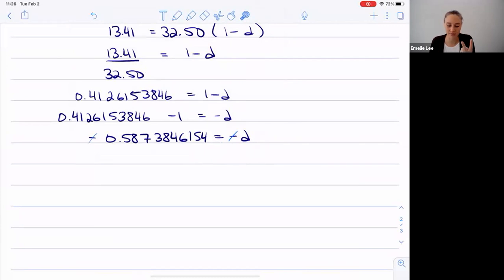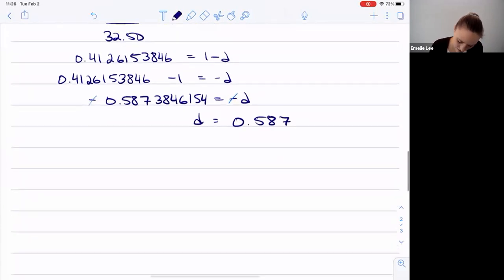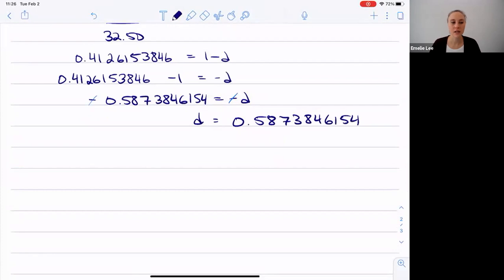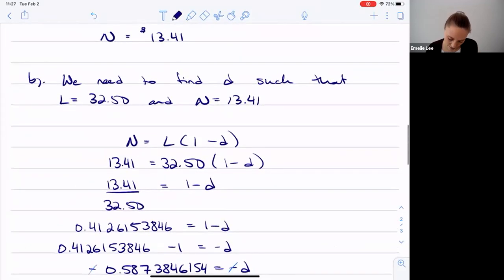So kind of revolving door it here. So I get D must be 0.58738465154. Right? So a single discount that's equivalent to 25% and 45%, or was it in that order?